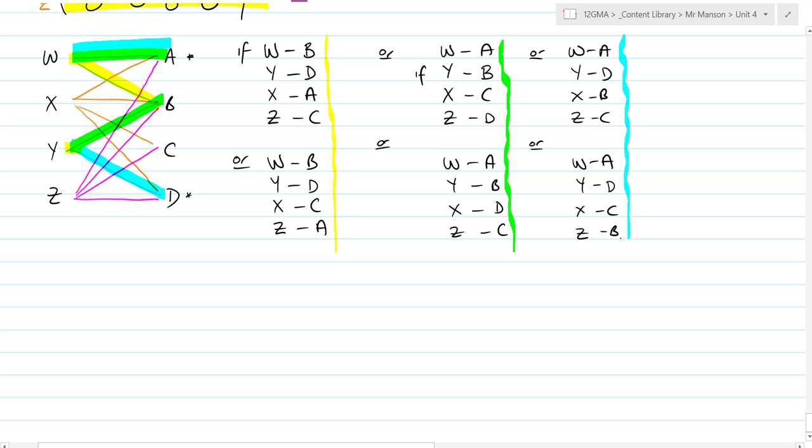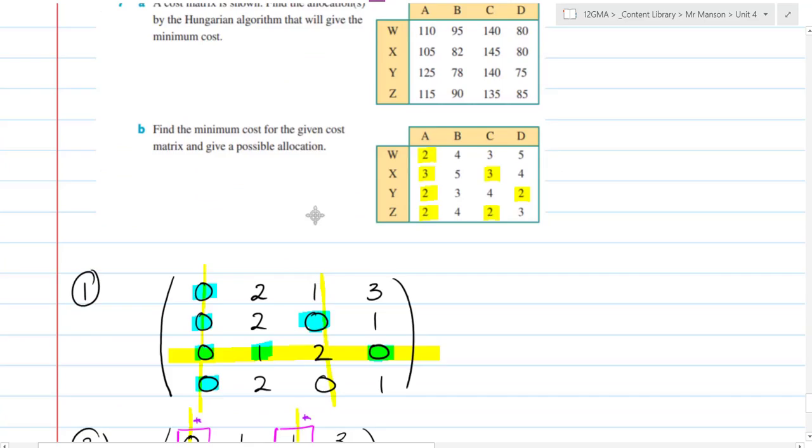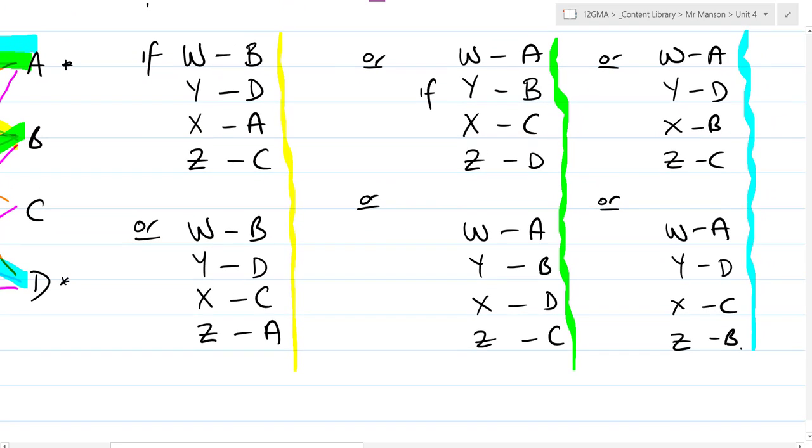And you've got to read the question, of course, because if I go back up to the question, this question actually said, find the minimum cost given the matrix and give a possible allocation. Here the question is only asking for a possible allocation. So I just pick my first allocation. They should all be the same.